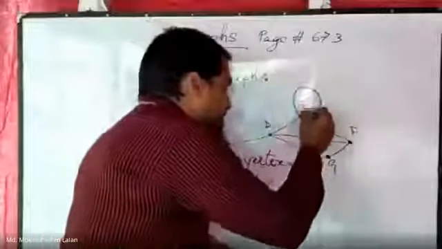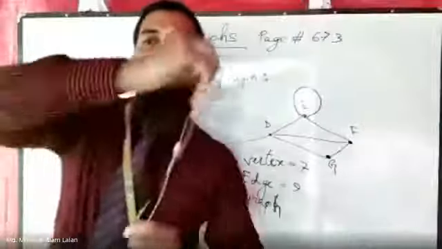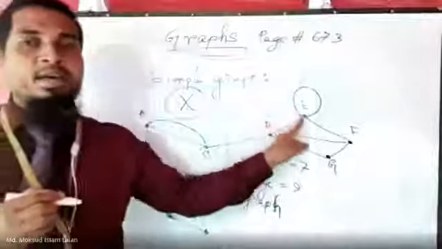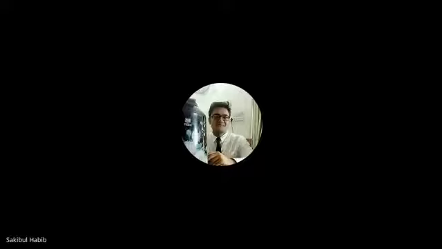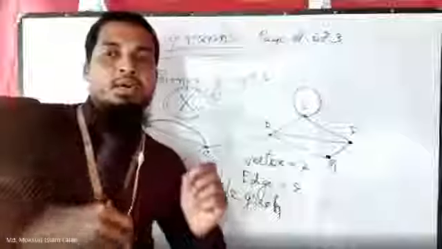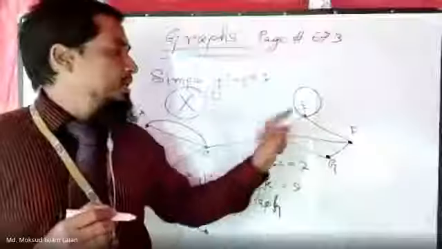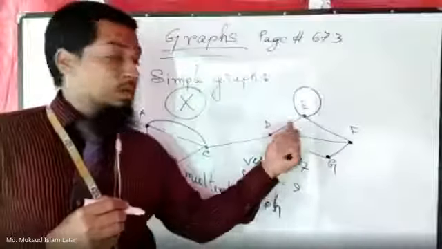If something like this, if E connects with itself, this E is a vertex, this is an edge, right? E connects with E, D connects with E, that is called an edge.